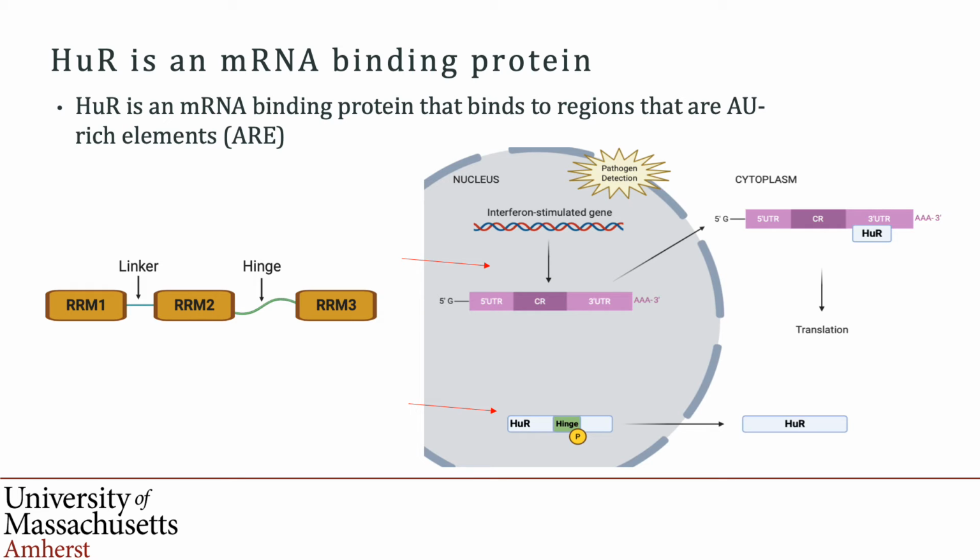And this causes HuR to move from the nucleus to the cytoplasm. Once in the cytoplasm, HuR can bind to RNA at an ARE region on the 3' UTR, and this binding promotes RNA stability and increases the occurrence of translation for these transcripts.